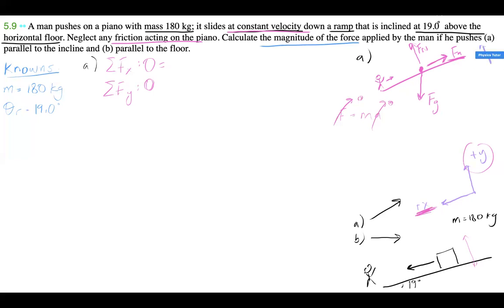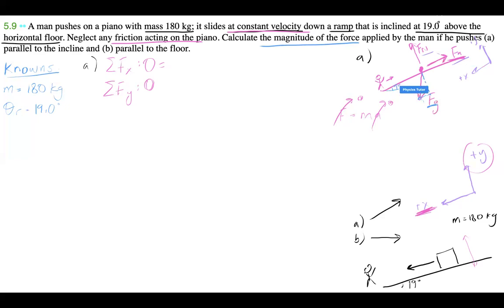That's going to be our positive y, and that's going to be our positive x. It's easy for FN and FA, but FG is not completely aligned with this coordinate system, so we have to break it down into the X and Y components.